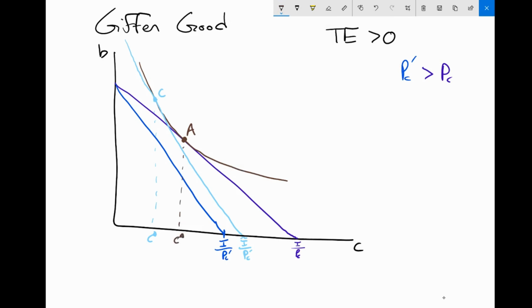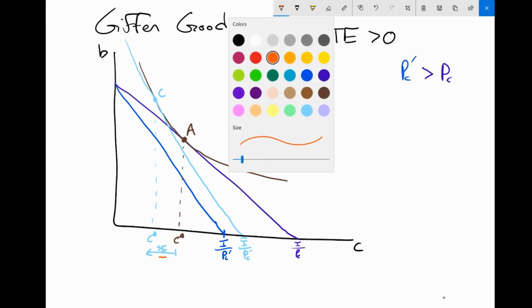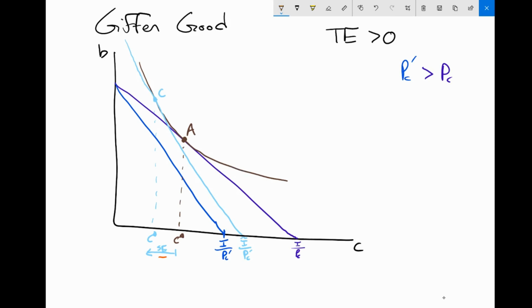So the substitution effect is right here. The substitution effect is always negative. But now imagine that when the price goes up, my preferences are such that I choose a new bundle B here. So here's my C star.